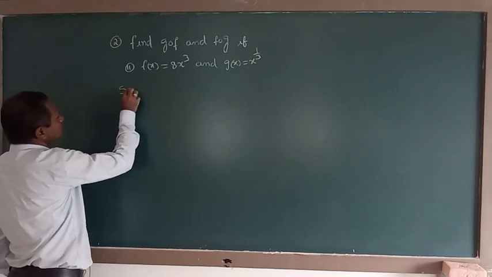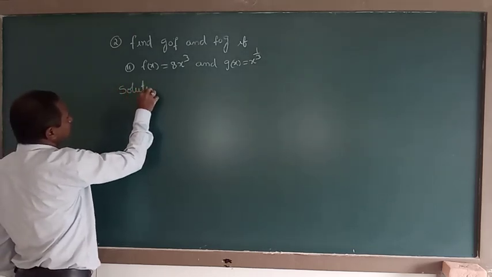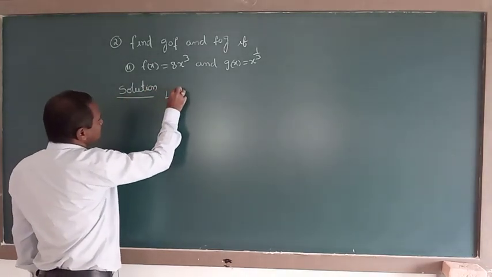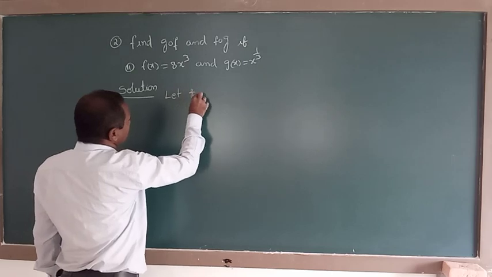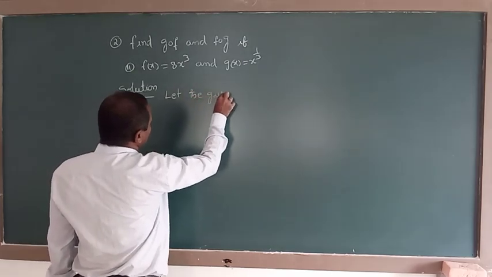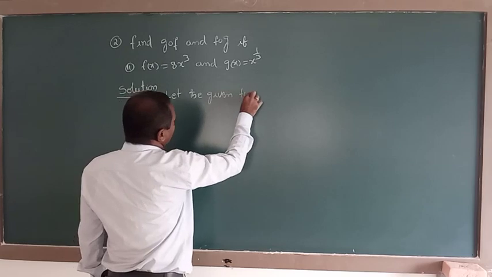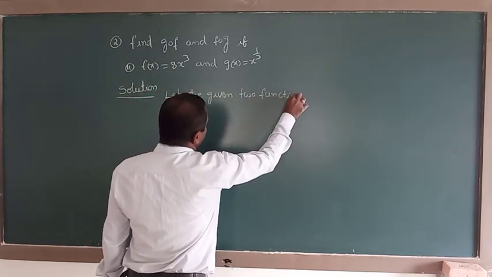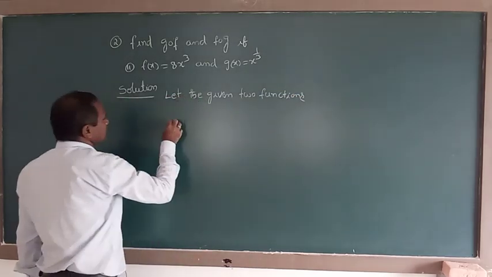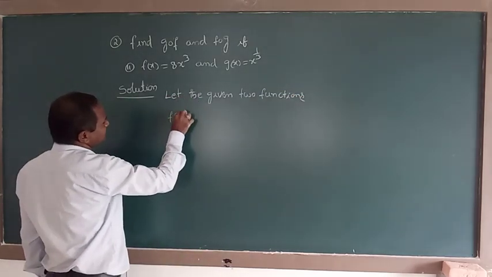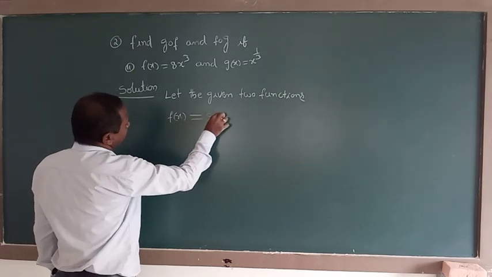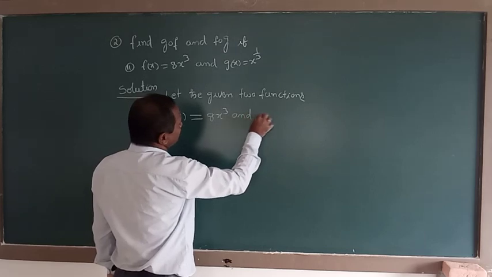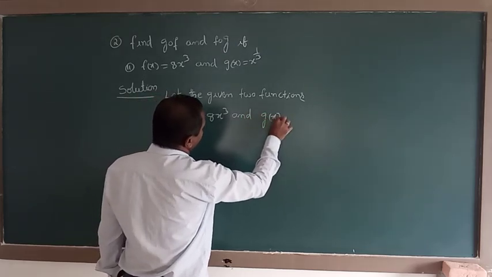The solution for this question: let the given two functions be f of x equal to 8x cube and g of x equal to x to the power of 1 by 3.